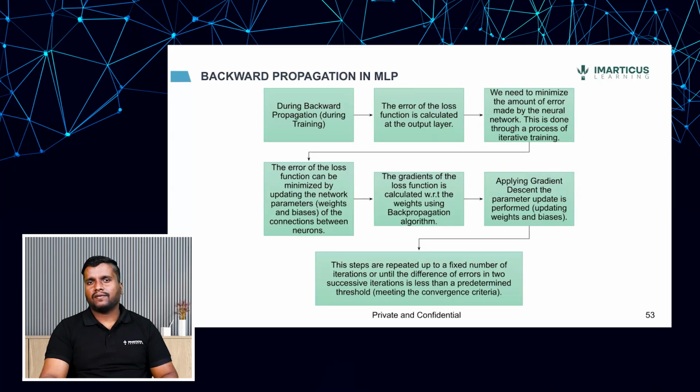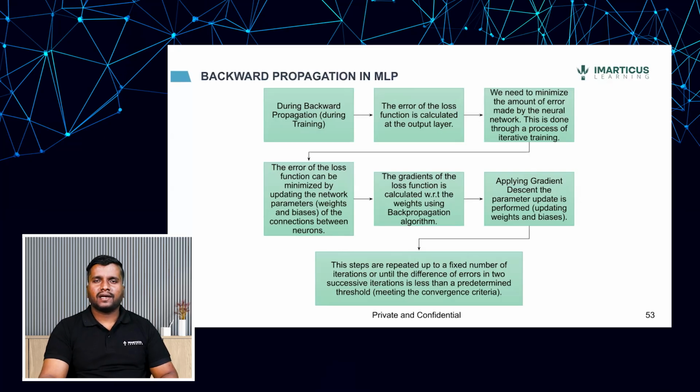At every level we partially differentiate that particular error or gradient with respect to the previous weights. Each neuron is associated with a certain level of weights, and we do the partial derivative in a way that the gradient is minimized at that level.